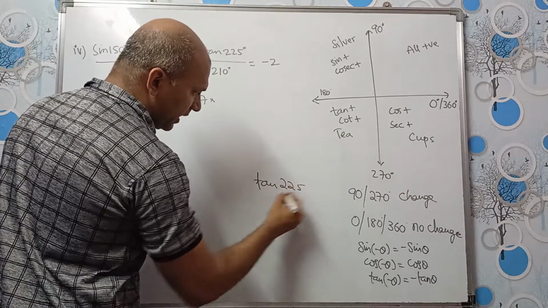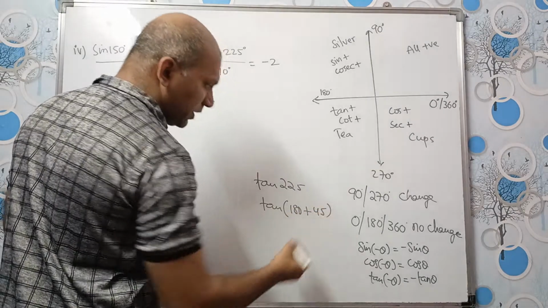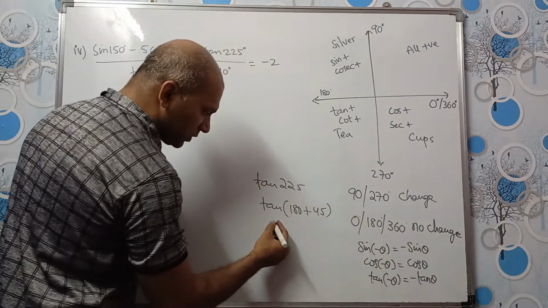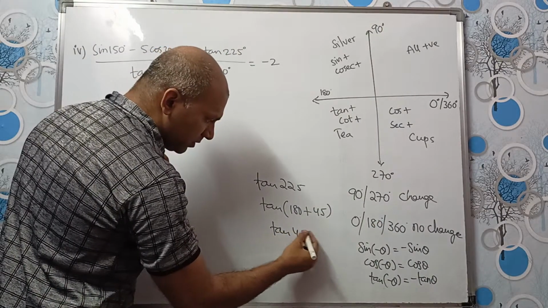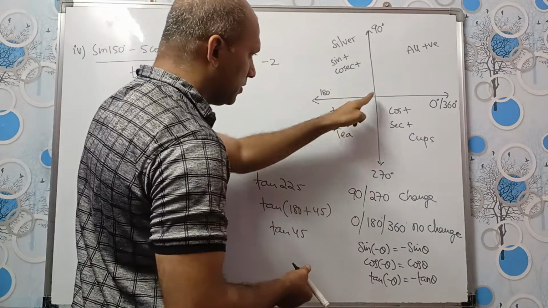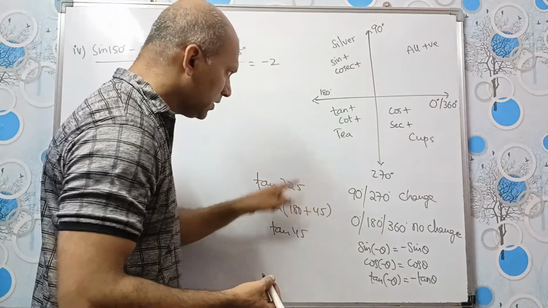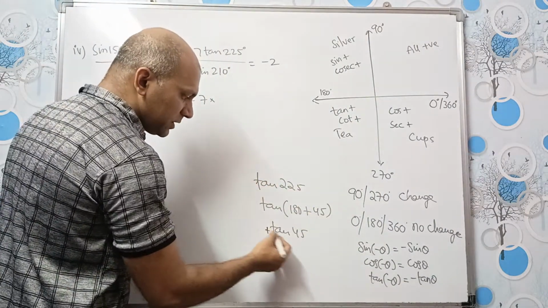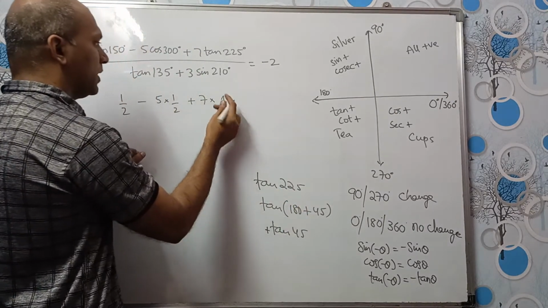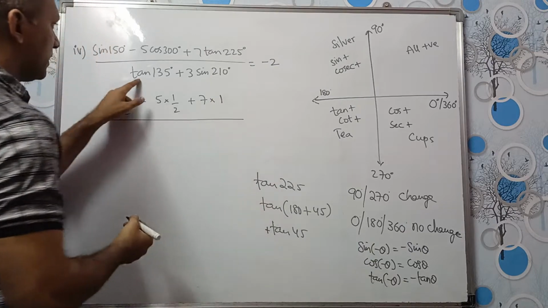Tan 225 is the same as tan 180 plus 45. At 180 there is no change in the ratio, so tan will remain tan, so it will be tan 45. 180 plus 45 will lie in the third quadrant. In the third quadrant tan is positive, so this will be positive. Tan 45 is 1, so this is plus 1. This is divided by tan 135.